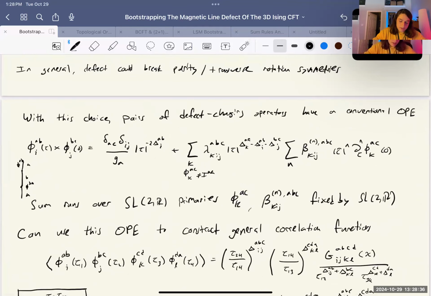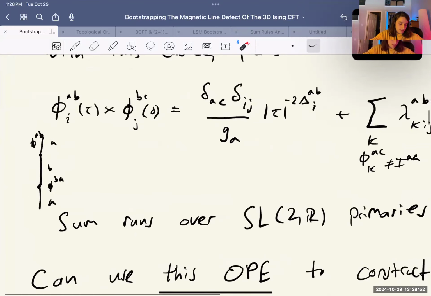Anyway, the defect changing operators can have an OPE that looks pretty similar to normal operators, except that we have all these different defect labels that we need to keep track of.